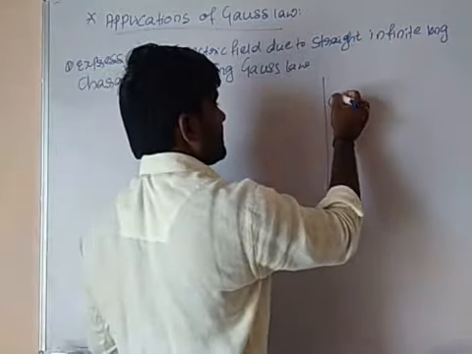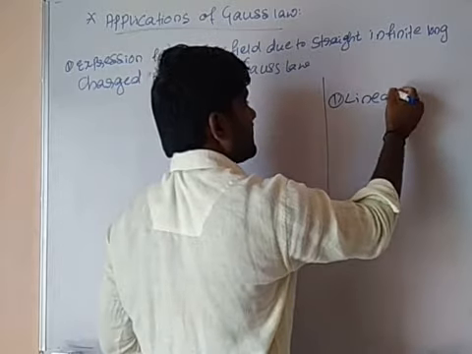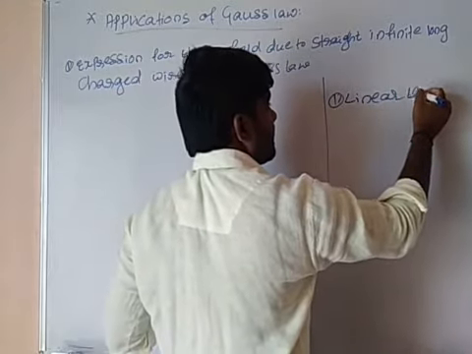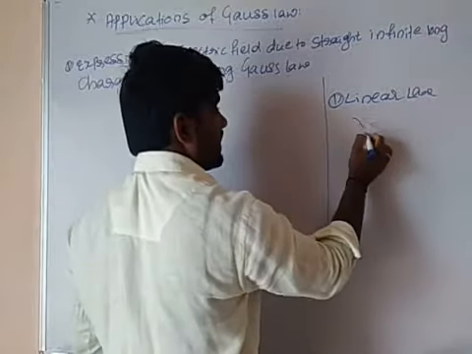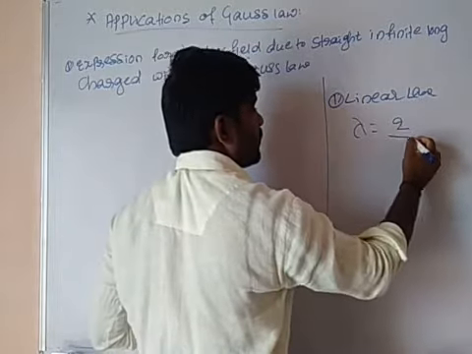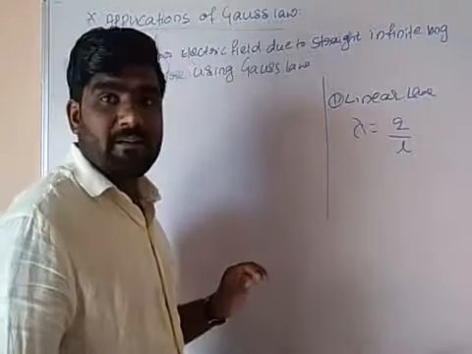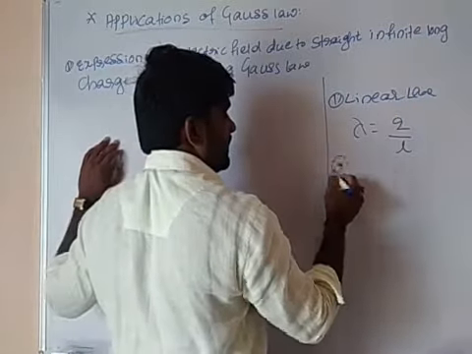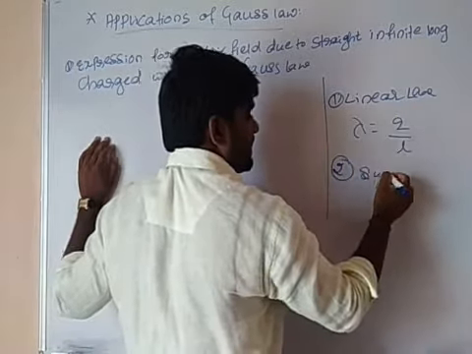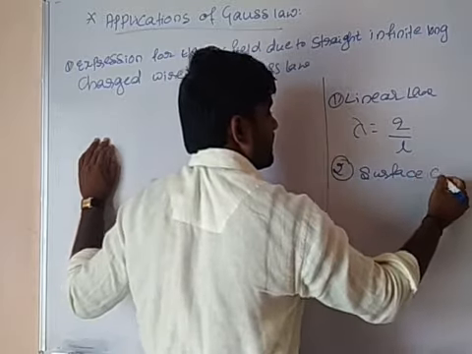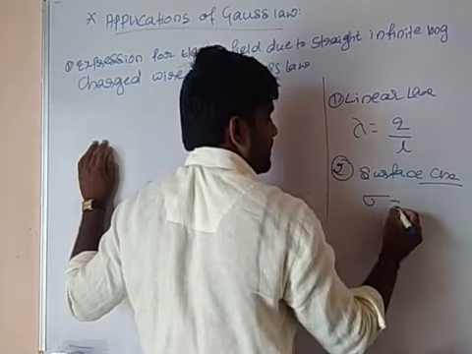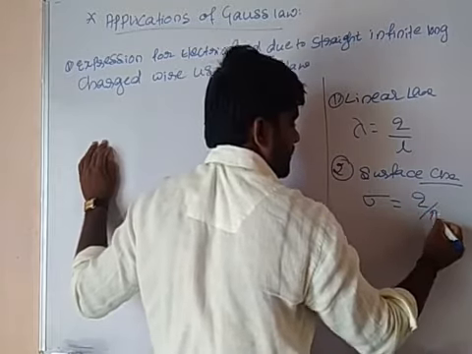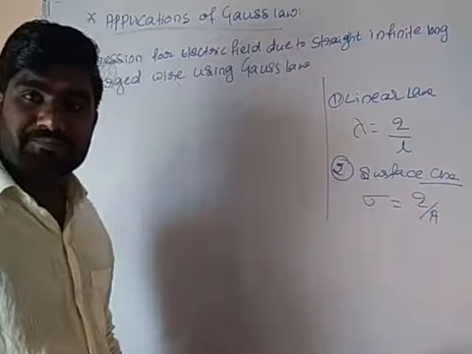First one is linear charge distribution: lambda is equal to Q divided by L. The second one is surface charge distribution: sigma is equal to Q divided by area.